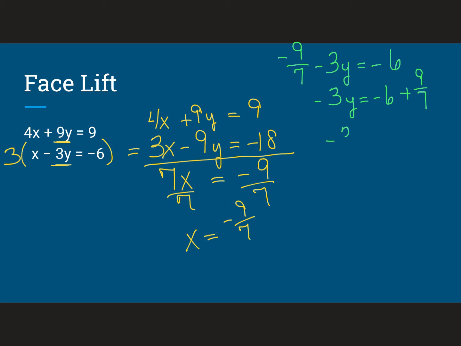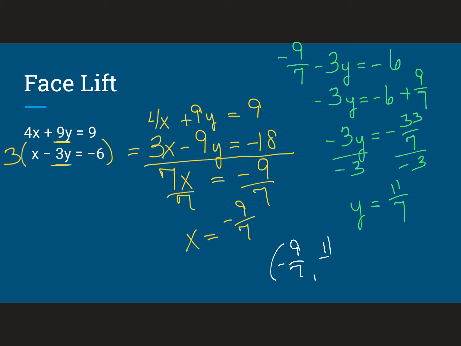So that gives me negative 3y equals negative 33/7. And I'm going to divide by negative 3 on both sides. That gives me y equals 11/7. So my ordered pair here is negative 9/7 and 11/7.